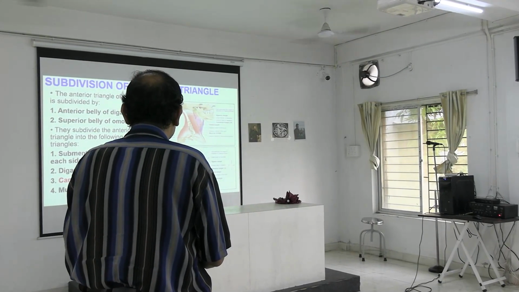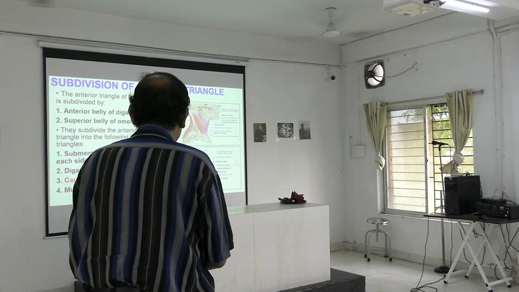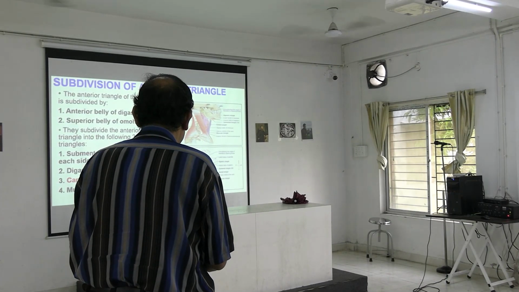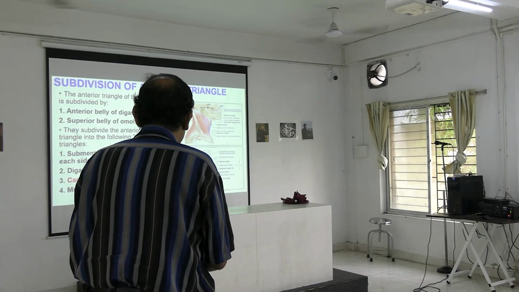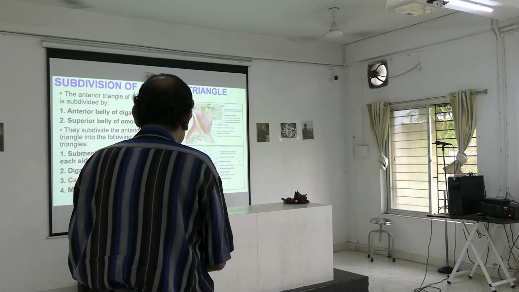In front of the digastric triangle we can find one triangle, that is the submental triangle. Between the anterior and posterior belly of the digastric, we get the digastric triangle.